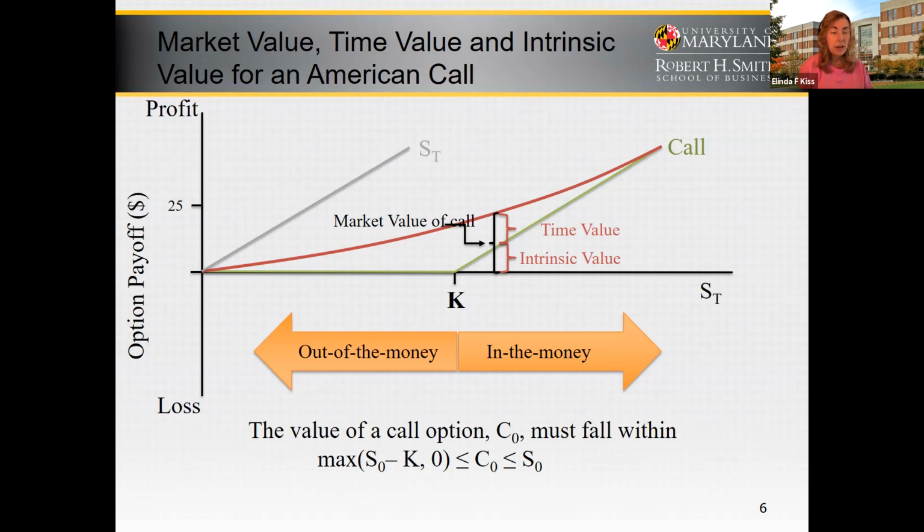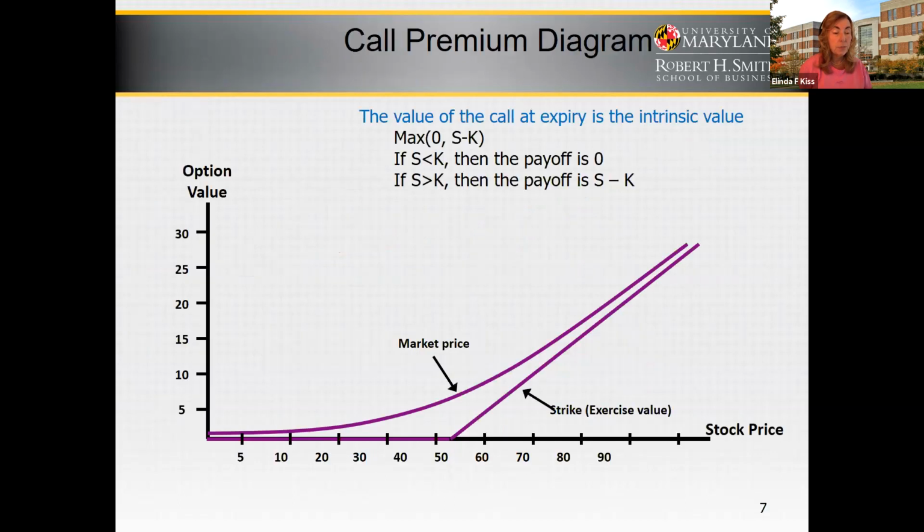The time value is based on the fact that I have more time to see what's going to happen with the price, and I can wait until I have to make a decision about whether I'm going to buy this stock or not buy this stock with the option. At expiry, the time value equals 0.